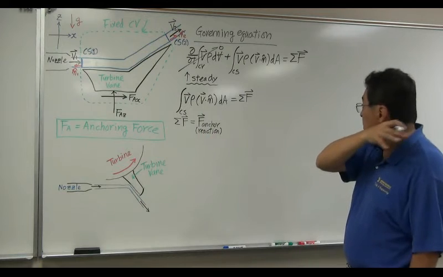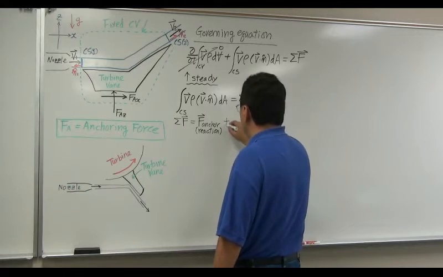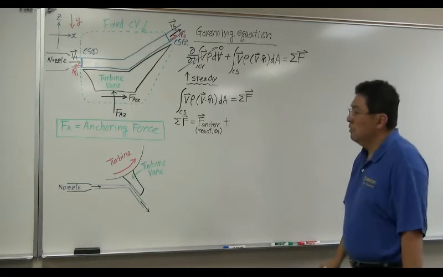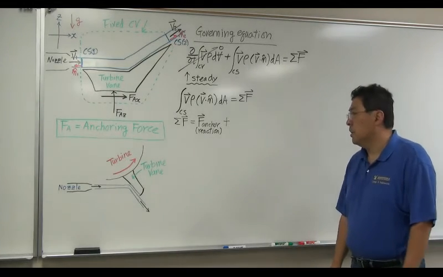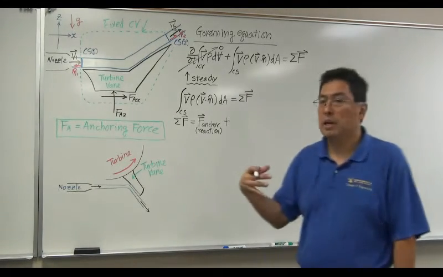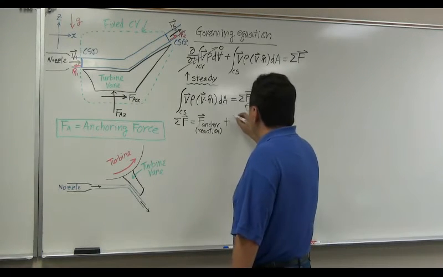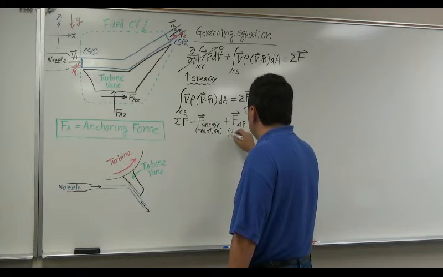The first kind of force is usually the anchoring or reaction force. Okay. This is Newton's third law of motion. Whatever force is applied, you always have an equal and opposite reaction force. This time, this is called the anchoring force. Then the force due to delta P, the pressure difference.